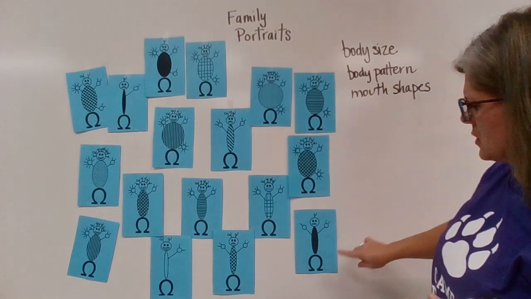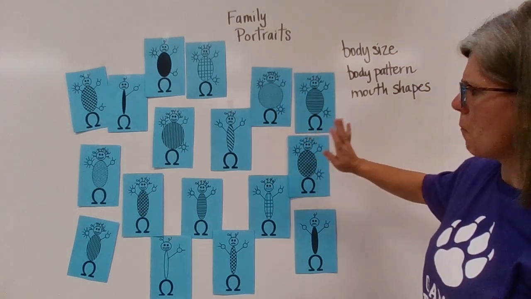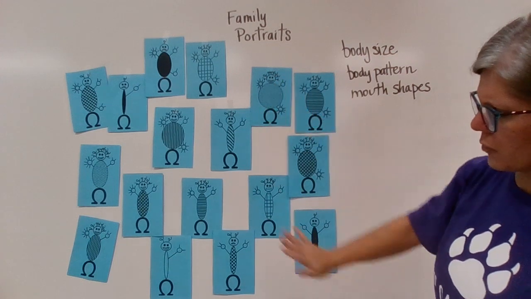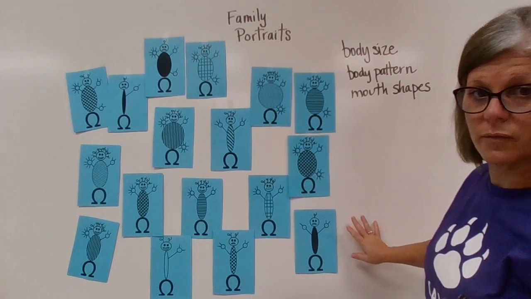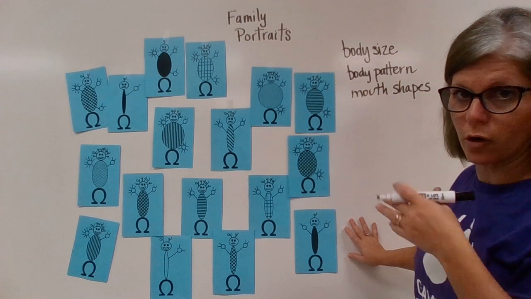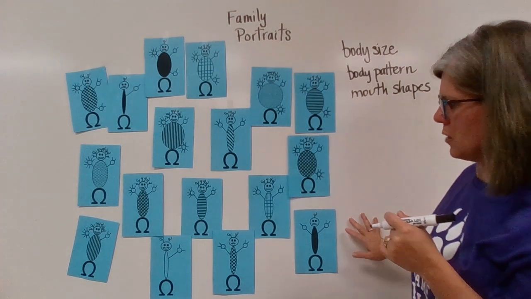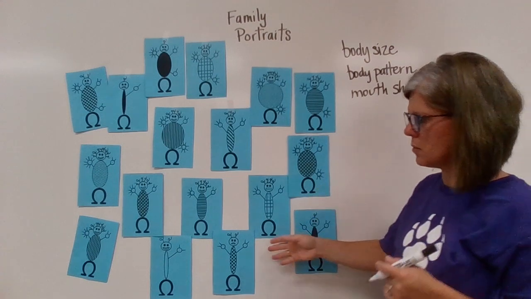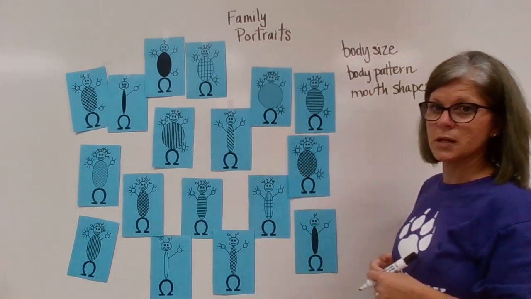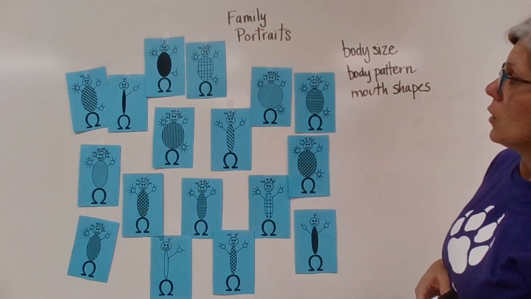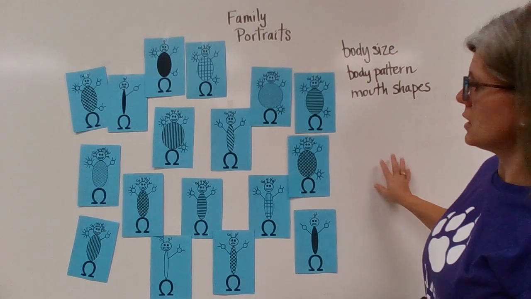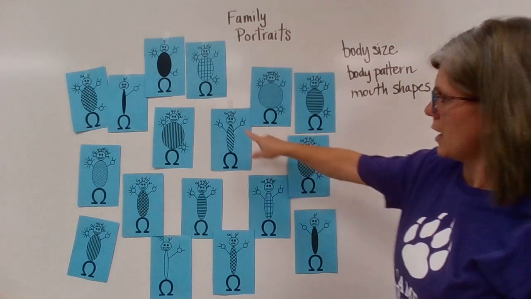I also notice the legs on each of them, but keep in mind, if you look around, it looks like all of the legs on these portraits are all the same. Okay, so since they're all the same, I don't think it would be necessary for us to mention them because we can't tell the difference. We also see hairs.